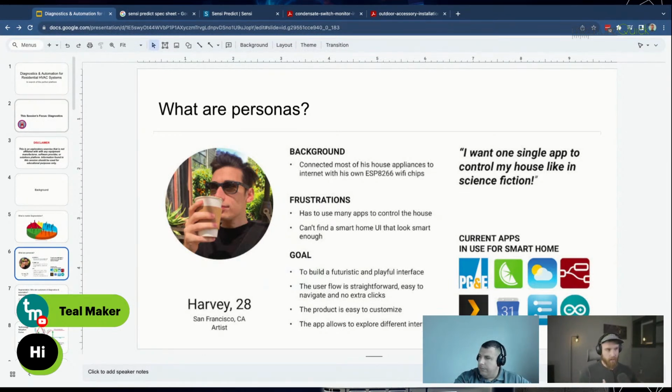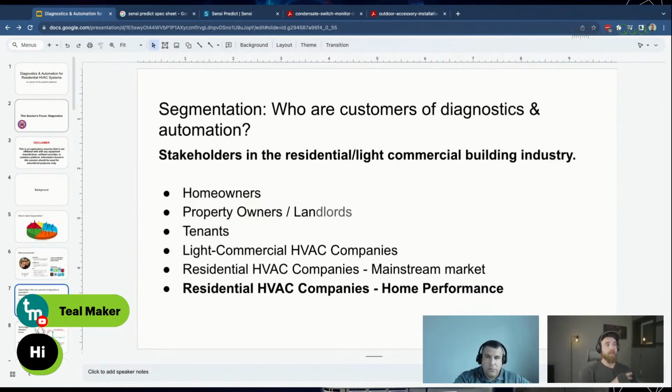So that is a very specific description of a type of person that would be a customer of this type of technology. Within our market, looking at diagnostics and automation, in the building stock across North America there are a lot of different buildings, and any building under 100,000 square feet, you're not going to find a really robust automation system in there for the most part.